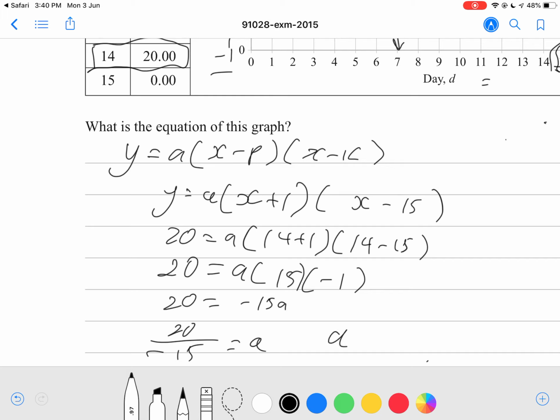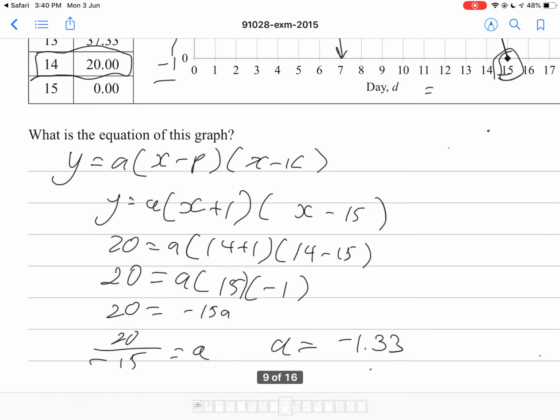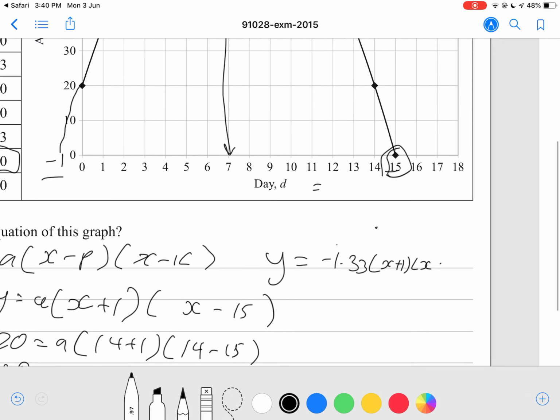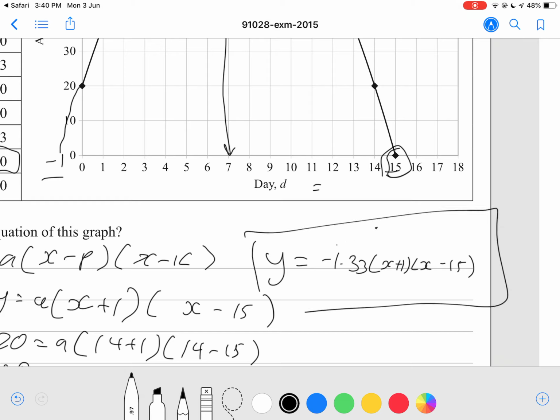And that once again gives us our a value of negative 1.33. So we can rewrite our equation as y equals negative 1.33(x plus 1)(x minus 15). So that's our final equation here.